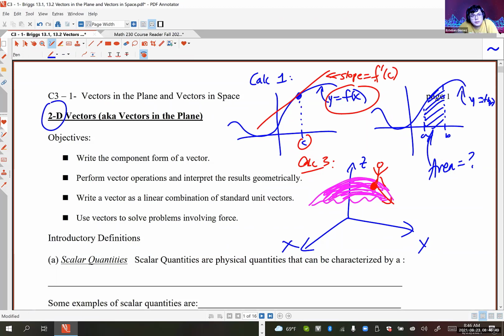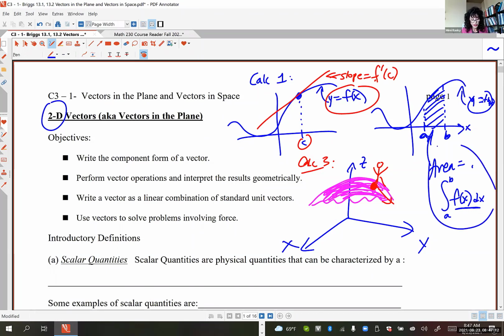By the integral. Good. You'd integrate from what to what? From a to b. Good. And then what would you put here in the integrand? Your equation, and then you end with dx or dy or something. Yeah, in this case dx, because we've got x. Yeah, so your area was an integral. So what did you do in Calc 1 in a nutshell? You did derivatives and you did integrals, but you were working in 2 dimensions.